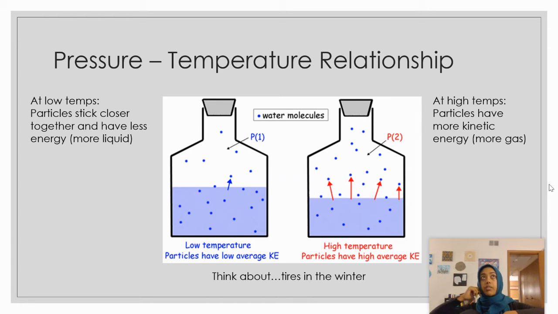So I like to think about it in terms of your tires in the winter. If you're driving and it's cold outside, because it's like the first time it's gotten really cold in the winter, your tire pressure light might come on. And that's because it got colder outside. So all of the molecules in your tires sort of started coming closer together. They didn't have the energy to be waving around frantically.